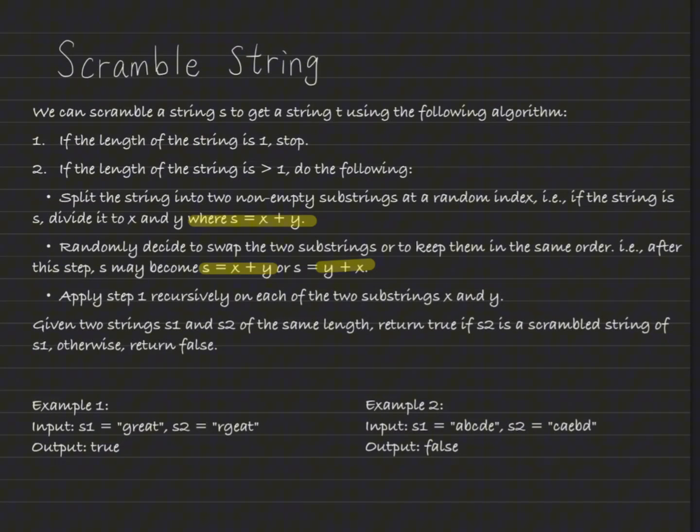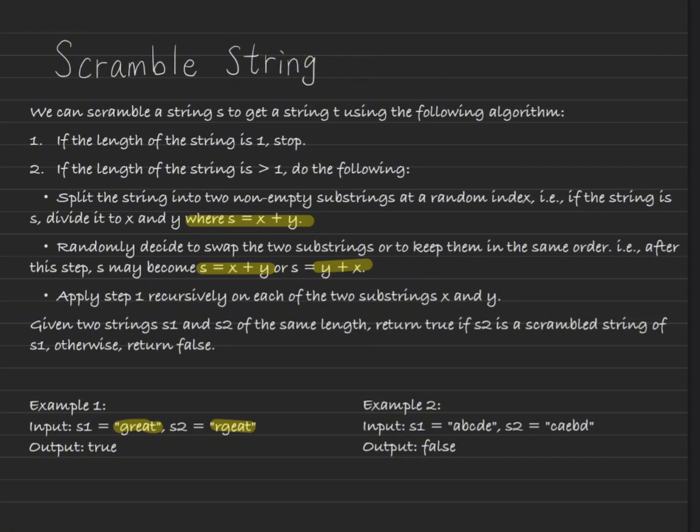The question is, given strings S1 and S2 of the same length, return true if S2 is a scrambled string of S1, otherwise return false. Here are two examples. In the first example, S1 is great and S2 is rgeat, and the output is true.